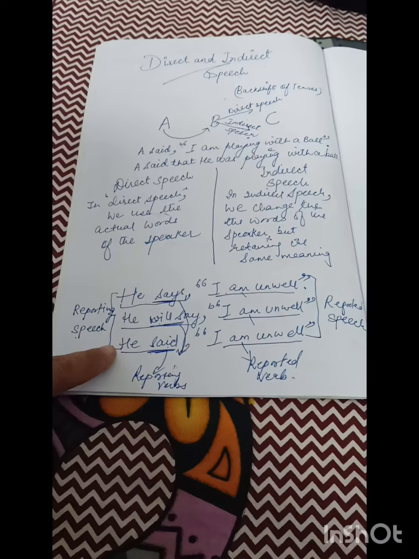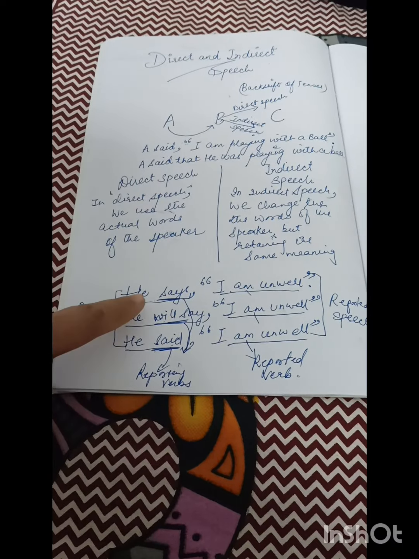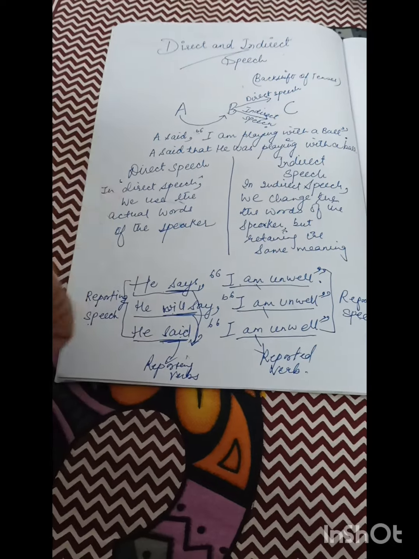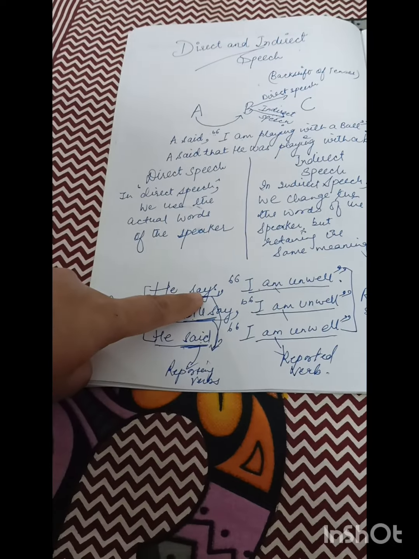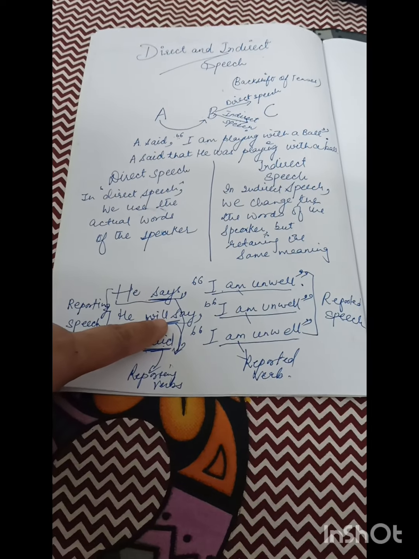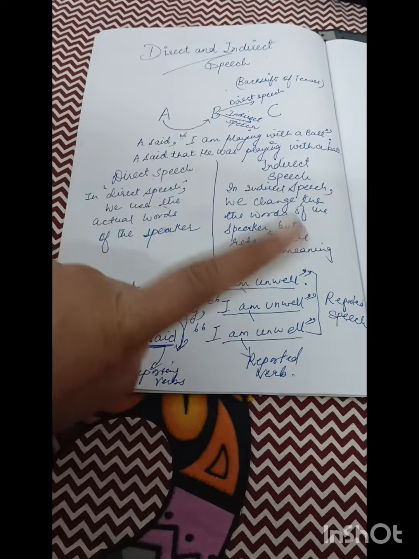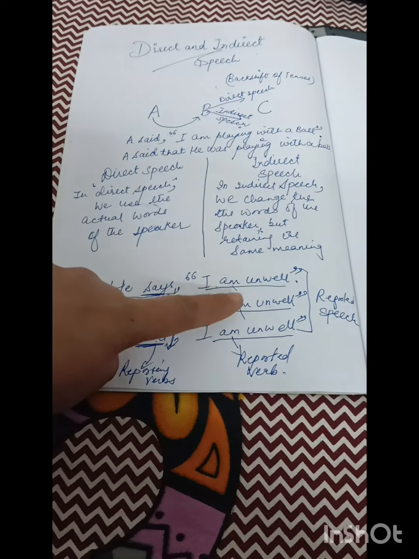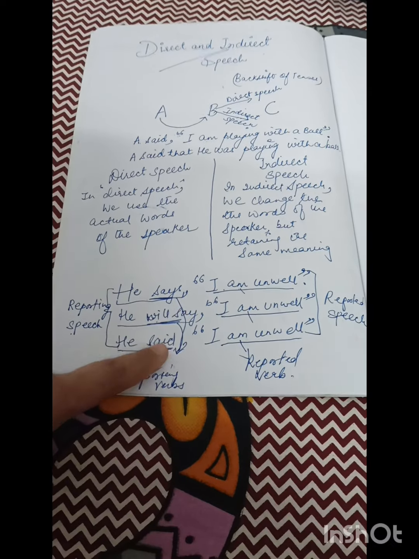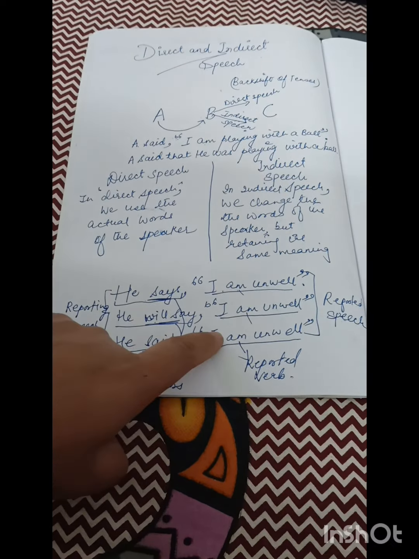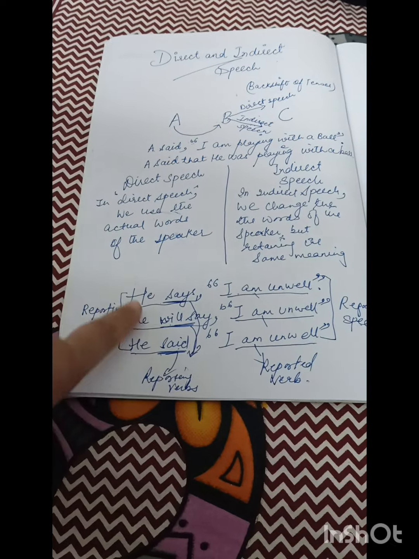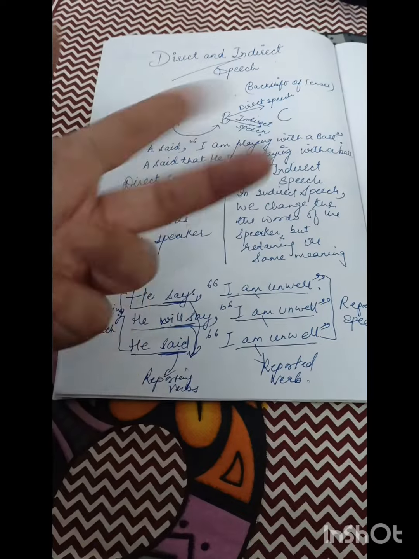Considering these three sentences, you have seen the reporting verb says, will say, or said. If the reporting verb is in the present tense or the future tense, then we will not change the tense of the reported speech. But if your reporting verb is in the past tense, that means said, then the tense of the reported speech will also be changed.